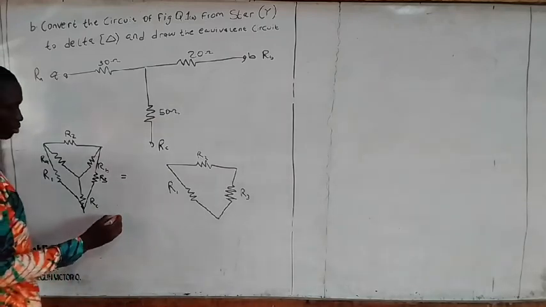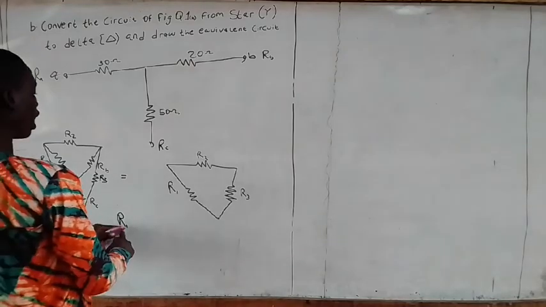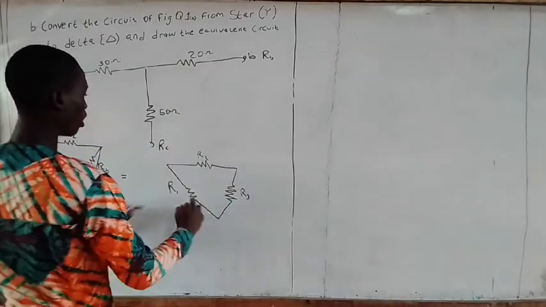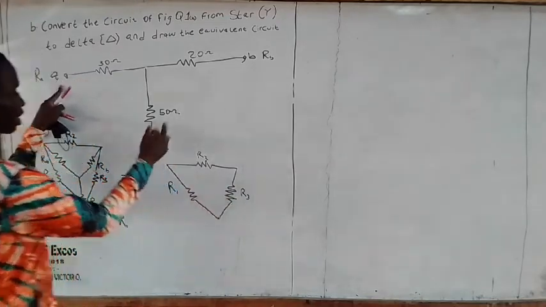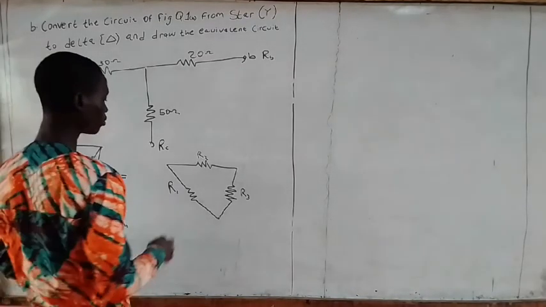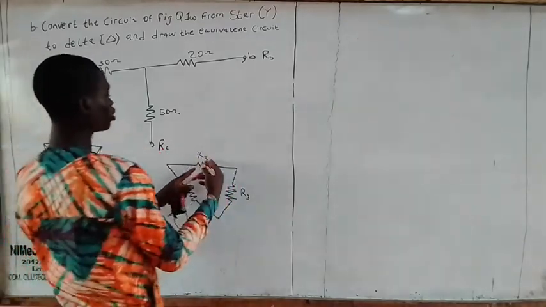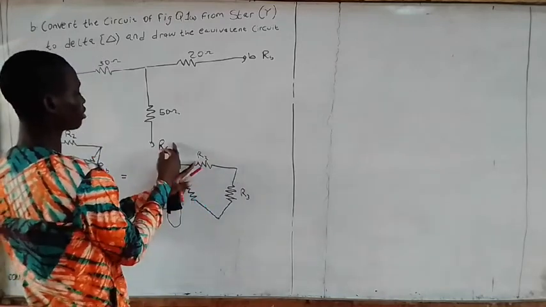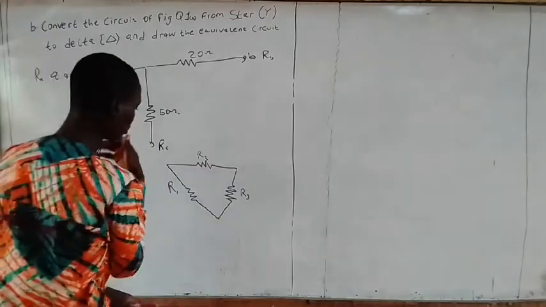For me to have R1, R1 is taking the place of RB, R2 is taking the place of RC, R3 is taking the place of RA. No, I'll do it again. R1 is taking the place of RB, R2 is taking the place of RC, R3 is taking the place of RA. Do you know why?